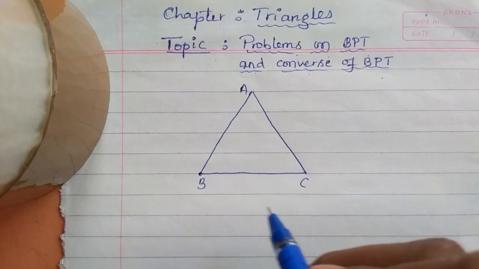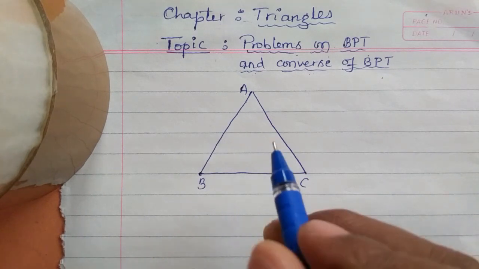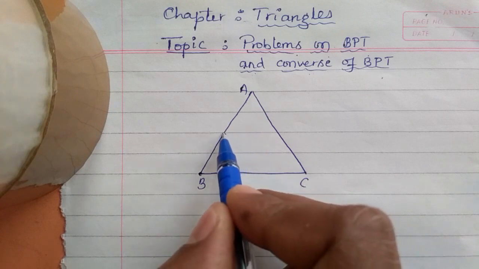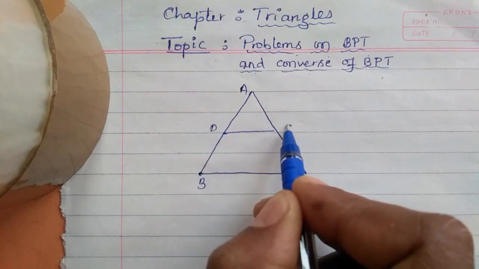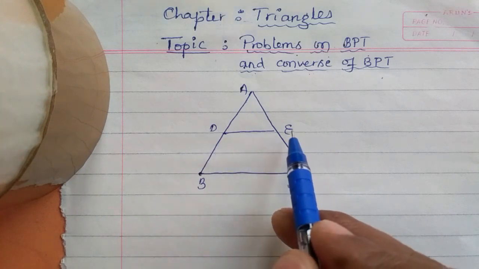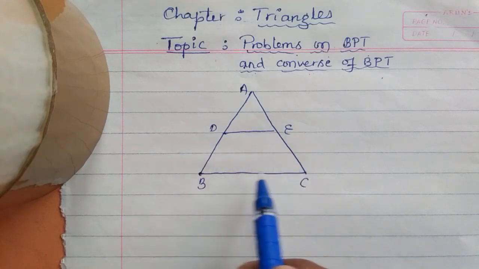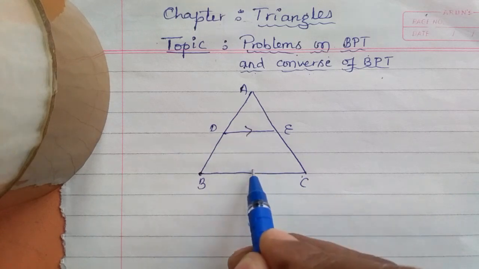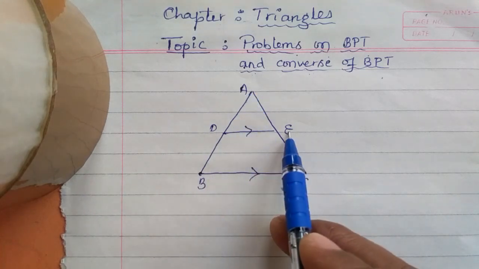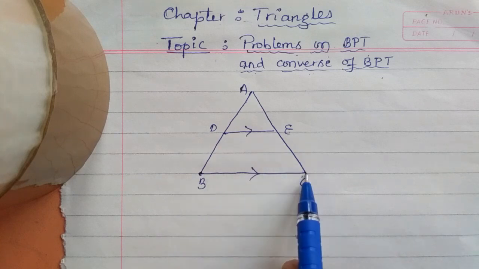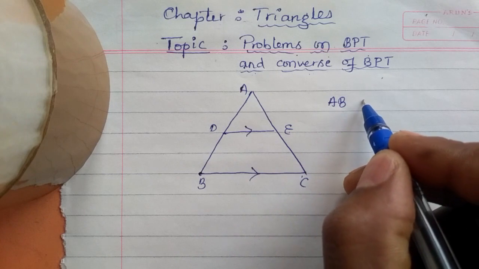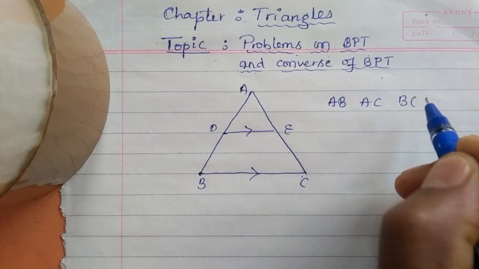Let ABC be a triangle in which DE is a line drawn parallel to BC. There are three sides in triangle ABC: AB, AC and BC.